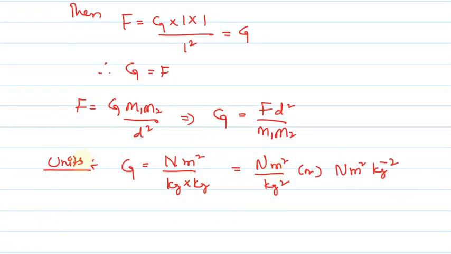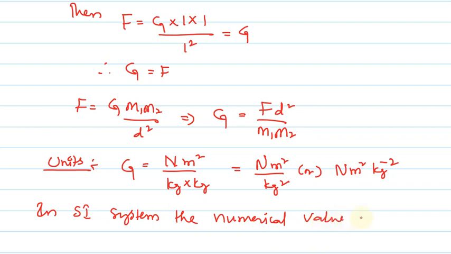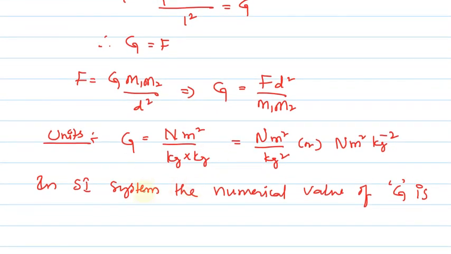Let's see the numerical value of the universal gravitational constant. In the SI system, the numerical value of the universal gravitational constant was measured experimentally by Henry Cavendish.